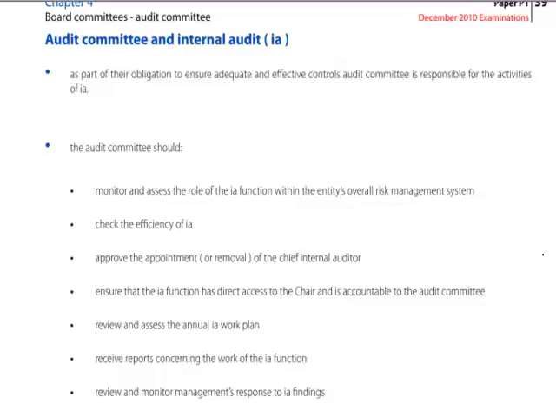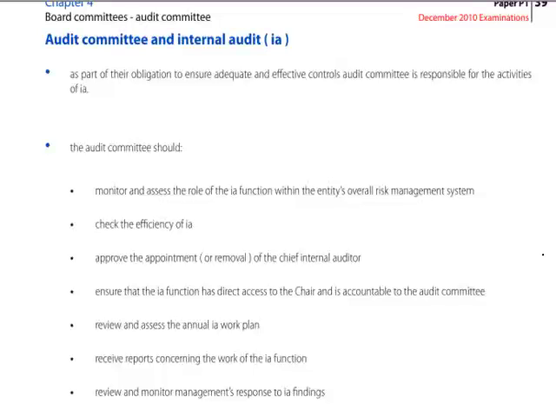Therefore the work of the internal auditor will not be controlled, but monitored by the Audit Committee, and the internal auditor will report on a regular basis, but how often is regular, to the Audit Committee, which can then assess the recommendations and reports to determine if there's any way we could improve the internal controls of the company.